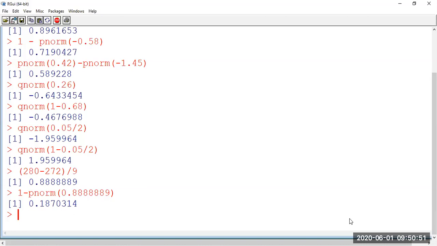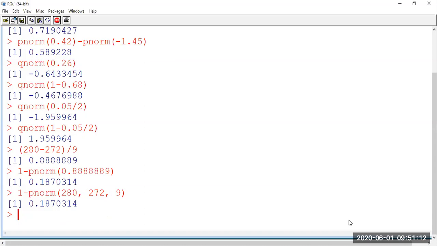And if we use the other way, instead of computing the Z-score, you can use directly the value of X, 280, then the value for the mean, and the order matters, so you need to write this in the proper order, and then the standard deviation 9, and we get the same value.